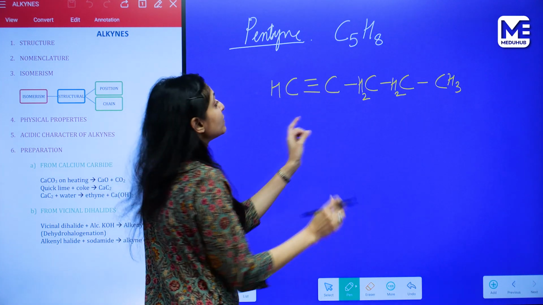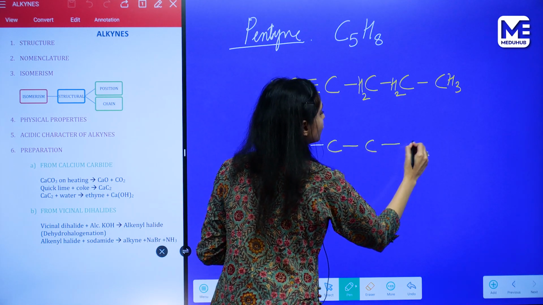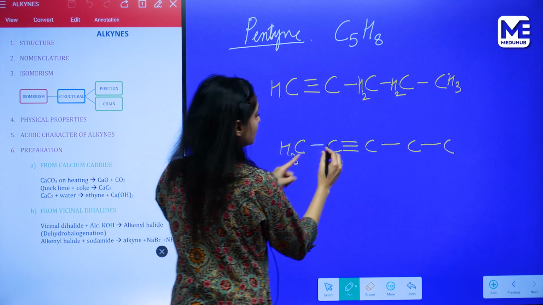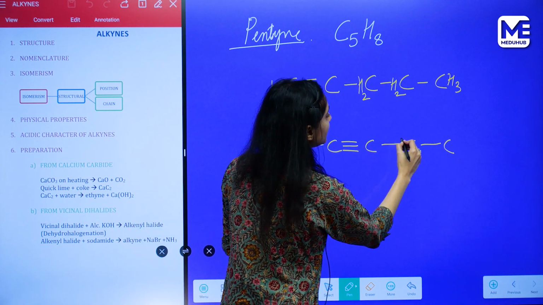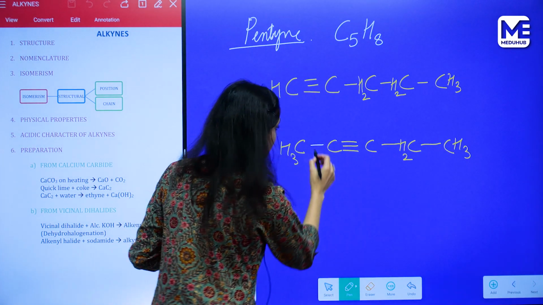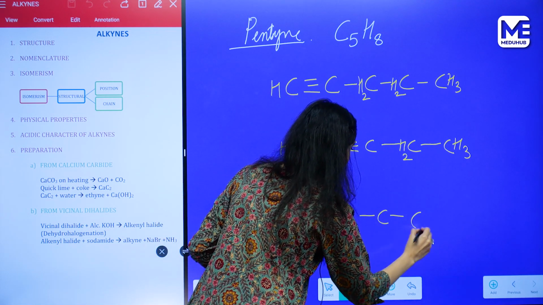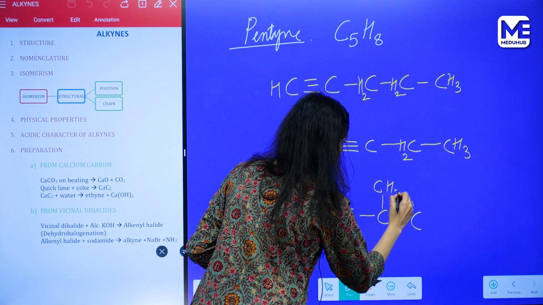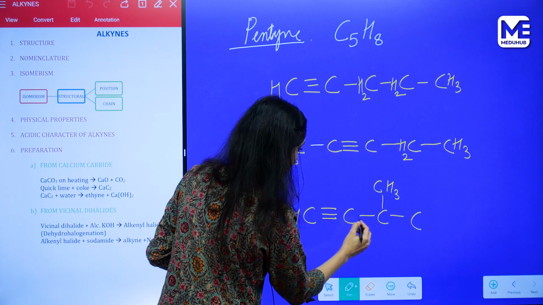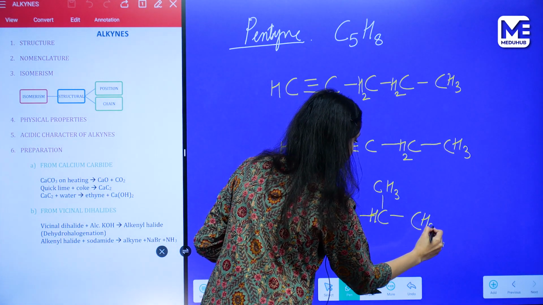In the next, the triple bond can be here, 3, 4, 5. We draw CH3 here, satisfied, CH2, CH3. Or there can be branching. 4 carbons, CH3, and the triple bond is here. CH, 1, 2, 3, 4, H here, and CH3 here.